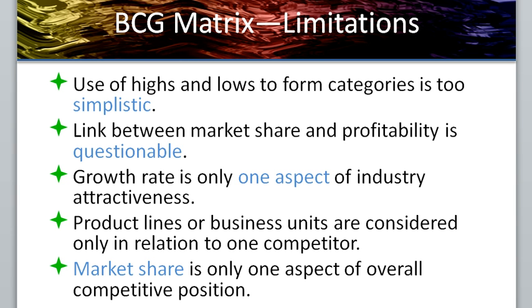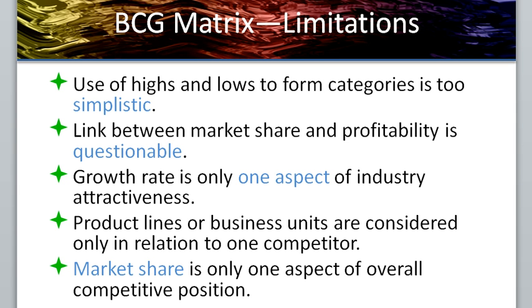Okay, so what that chart was looking at is called the BCG growth-share matrix. BCG is the Boston Consulting Group, a very famous consulting group that did a lot of strategic management. This chart is used by a lot of companies, and the terminology is certainly used in common lingo, but there are some limitations. It's too simplistic.